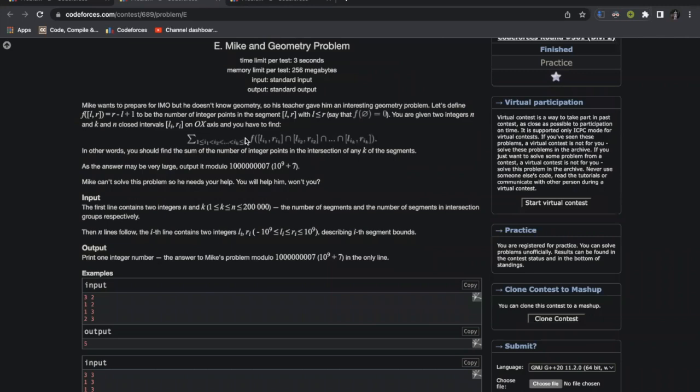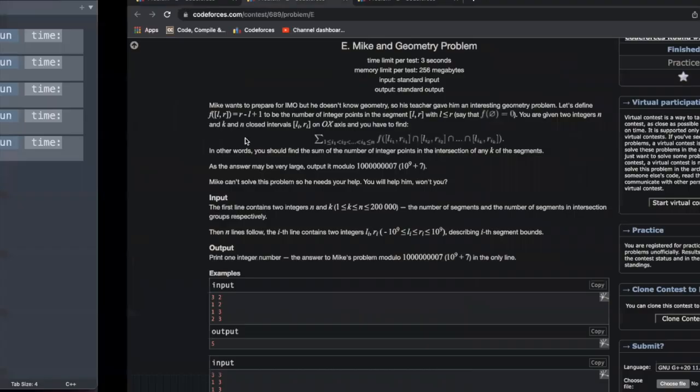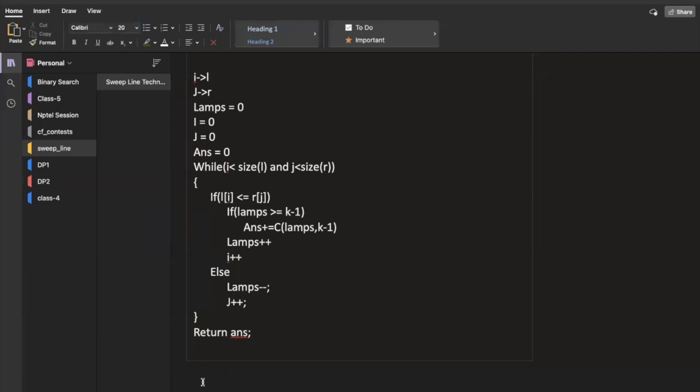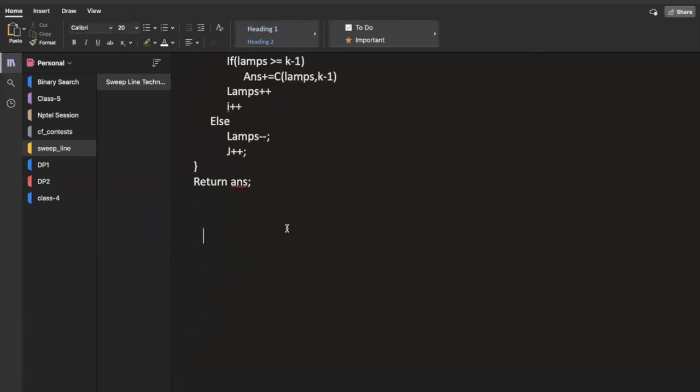So let me just give a brief overview of what I'm going to be doing that is different from what I did before. Let's say we have again sorted all these 2n values in a vector, and the first element in this vector is 0 and the second element is 5. Yet again, I am using the same example.